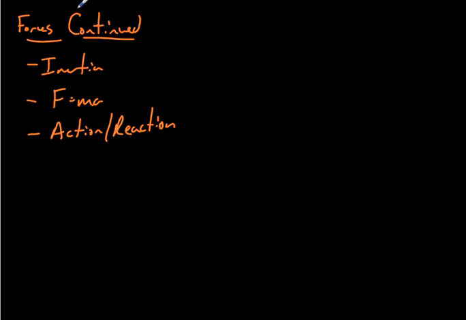So the first thing we're going to look at is just this concept or idea of if I have an object at rest on a surface in a gravitational field, okay, we have to take a look at what's going on here, right?